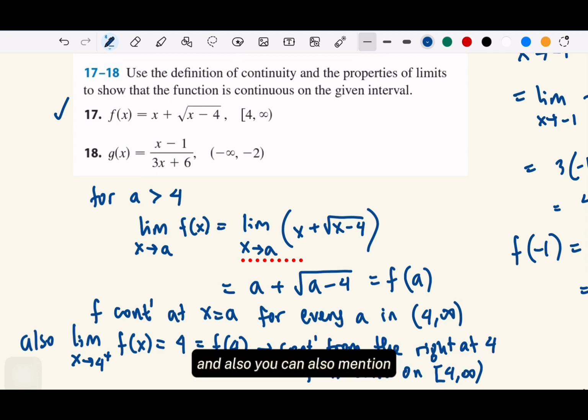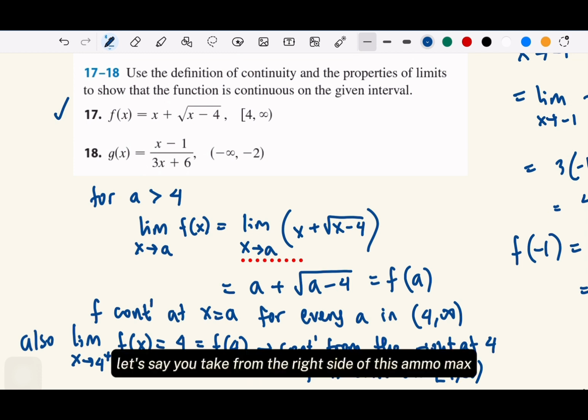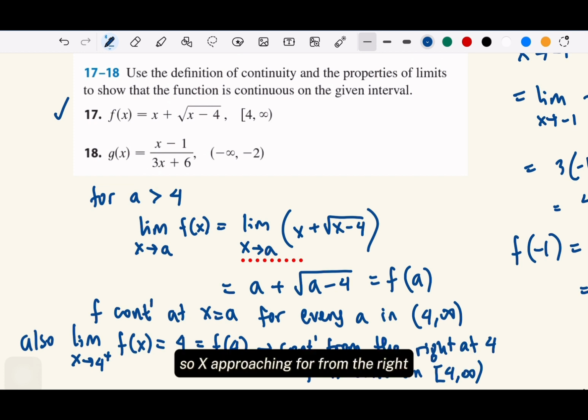Also, if you want to take only from one side, let's say we take from the right side of this f of x. So x approaching 4 from the right, we basically just take 4 here, and we get that it is equal to 4, which is the same as the value itself.